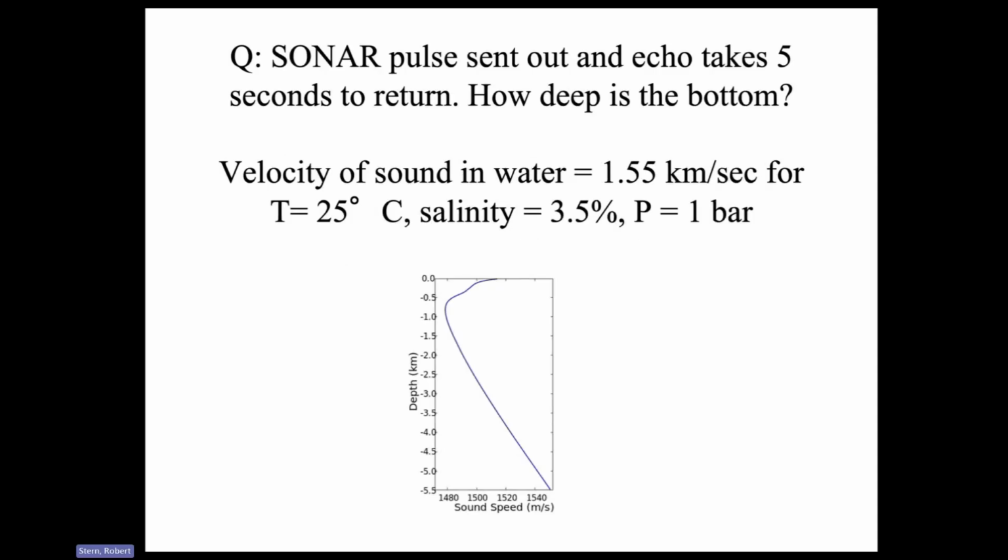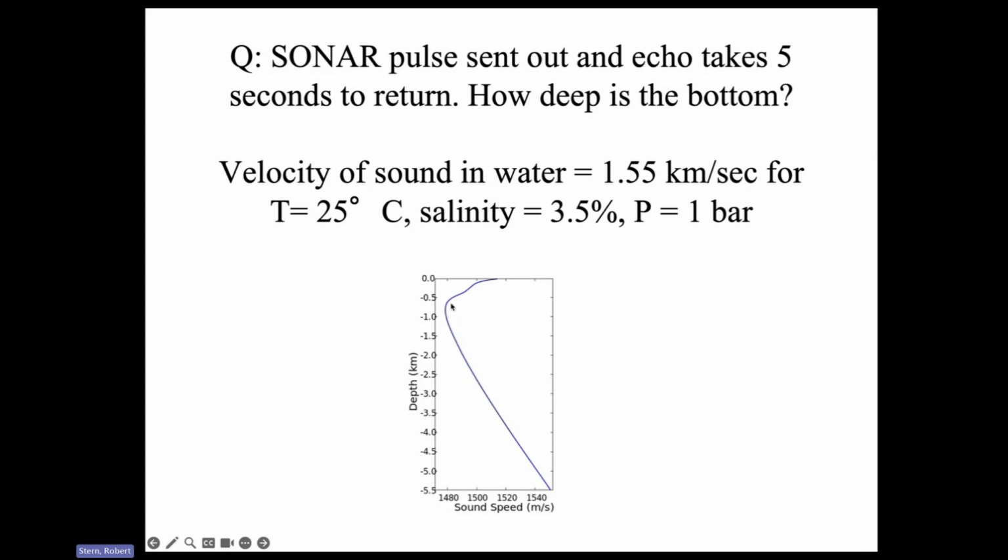All right, so here's the sound velocity in water. So this is meters per second. That's about 1.5 kilometers per second. Compare that with the seismic velocity in the crust, which is on the order of 6 kilometers per second. So there is some subtle structure in the sound velocity, right?